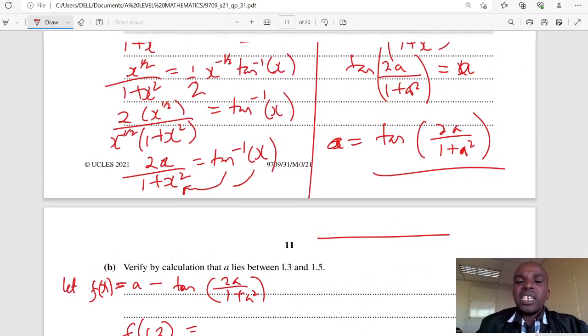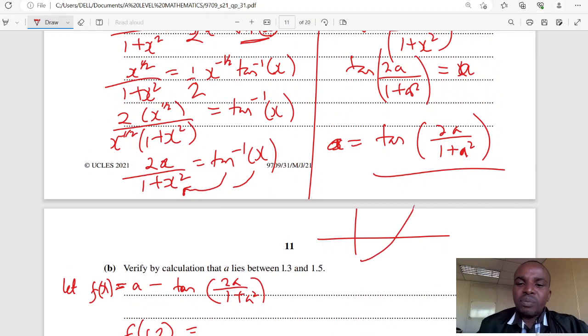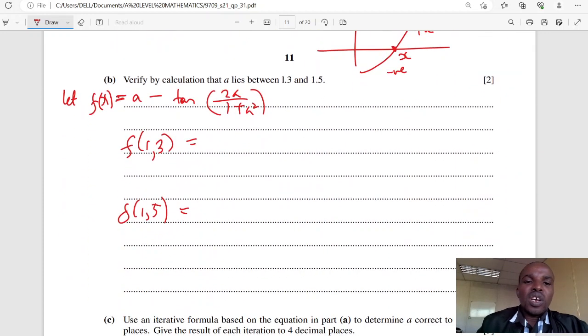It's more like the curve must be crossing the x-axis so that there will be a solution for x here. Right, so that is from negative to positive. So one negative, one positive, it means it's crossing this line. So there is a root for this function. Right, you can put 1.3, so it will be 1.3 minus tan of 2 times 1.3 over 1 plus 1.3 squared.